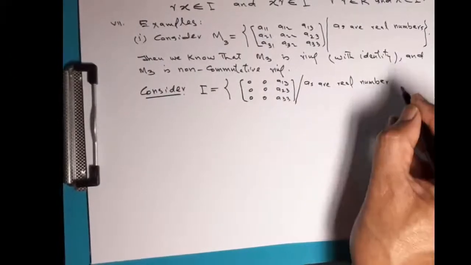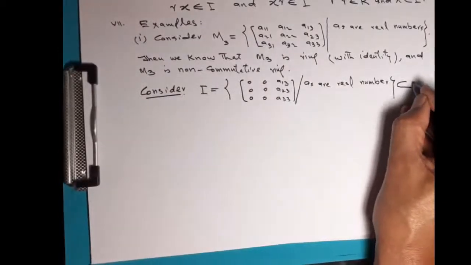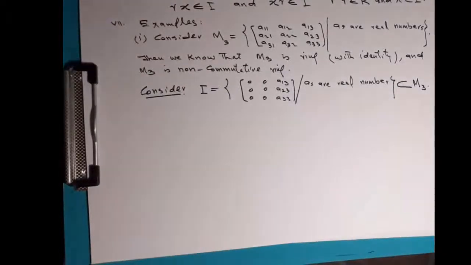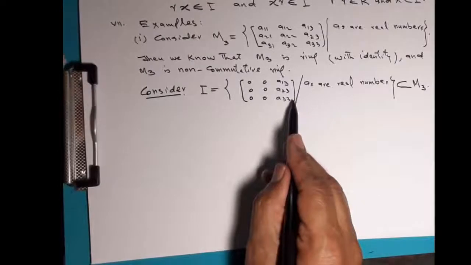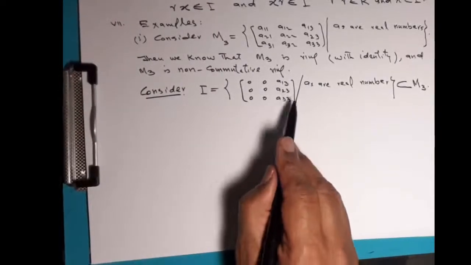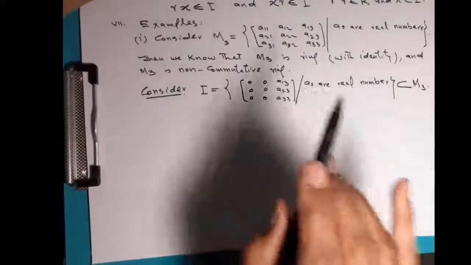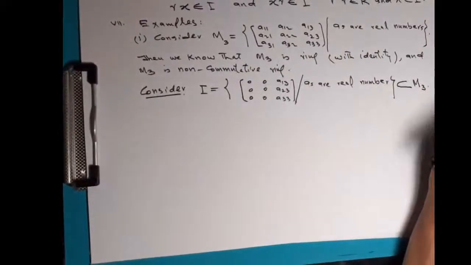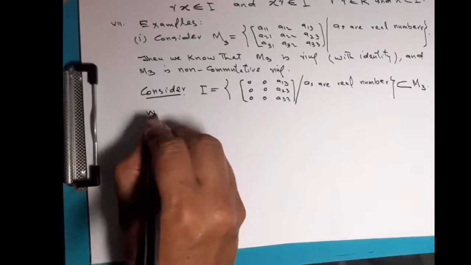Consider this particular subset of M3. First of all, you can see very easily that this is an abelian group under addition. Just note that this I is a subring, and you can check it very easily.